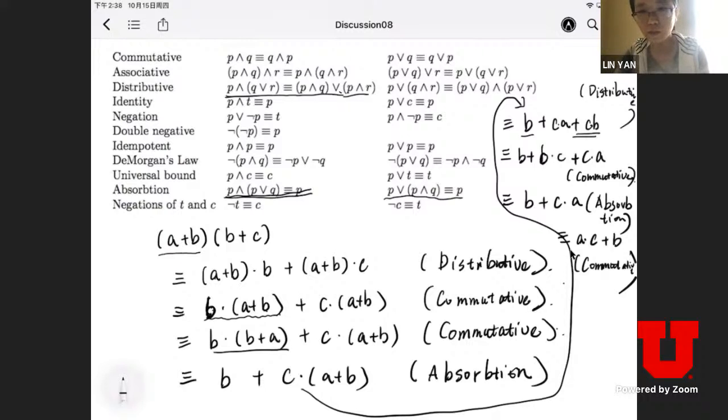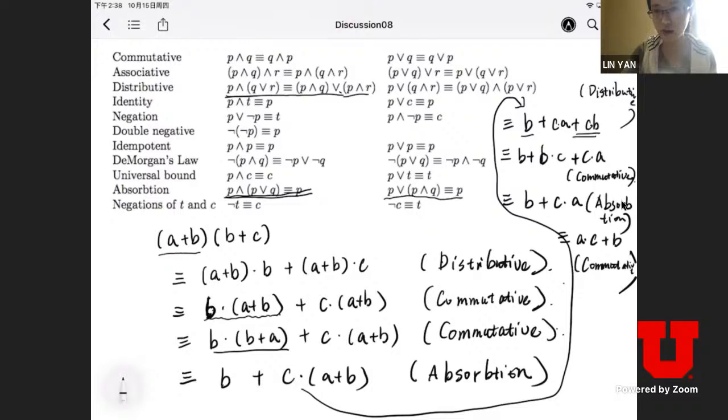Yes, we can. We have different ways to solve the problem, but please make sure that you use the format exactly the same as the equivalence table.